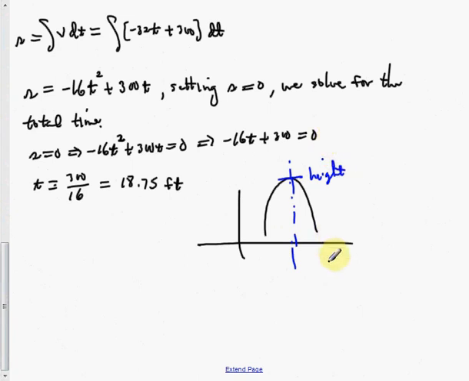So here, at this time, t is 18.75. If I take half of that, I get t equal to 9.375 seconds.